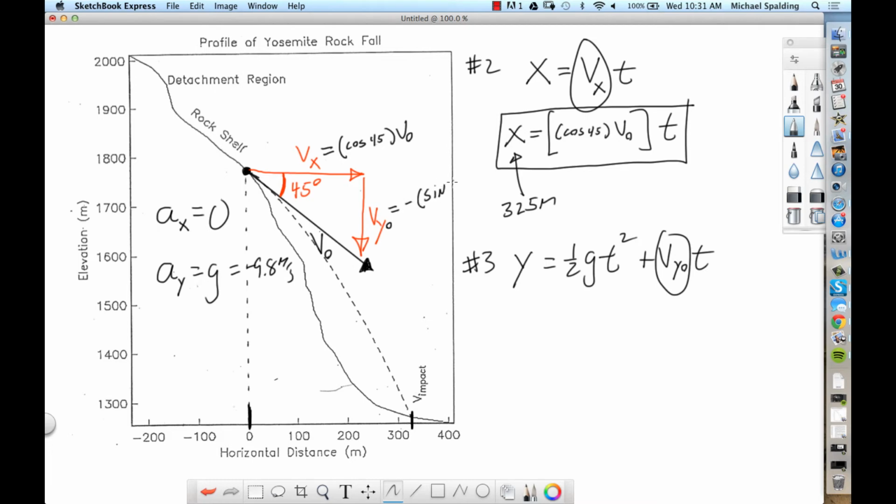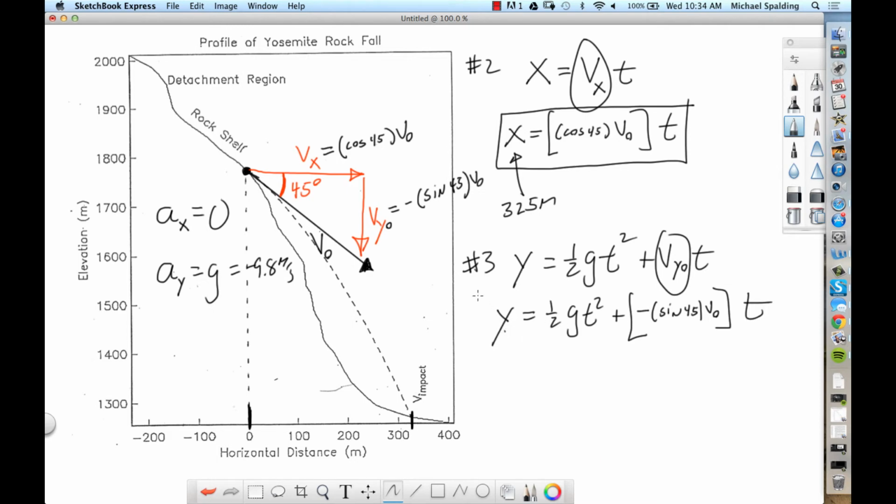It points down, so y negative. So vy initial is negative sine 45 v initial. So I'm going to rewrite this again. y equals 1/2 g t squared plus, okay, vy initial is negative sine 45 v initial times t. Negative because it points down.